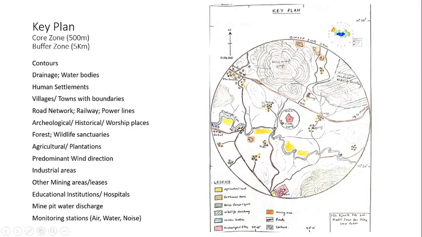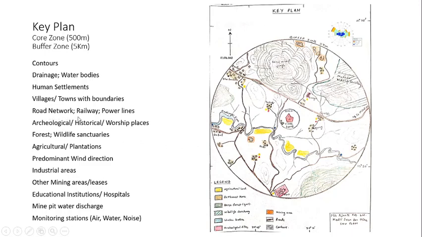All these areas are human settlements. Villages, towns with boundaries. I have not shown the village boundaries here, but I have shown the names here: Dharbandada, Kodli, Tatodi, like this. All the names of the places must be shown.